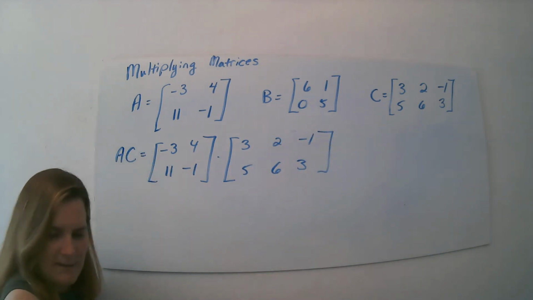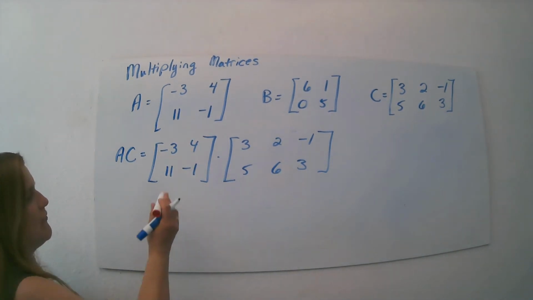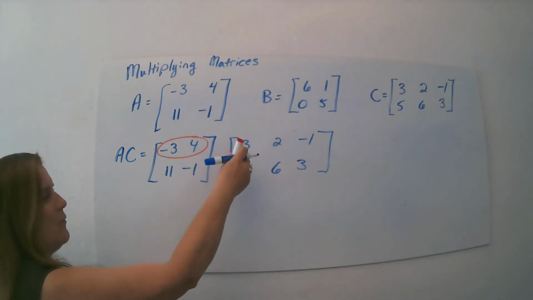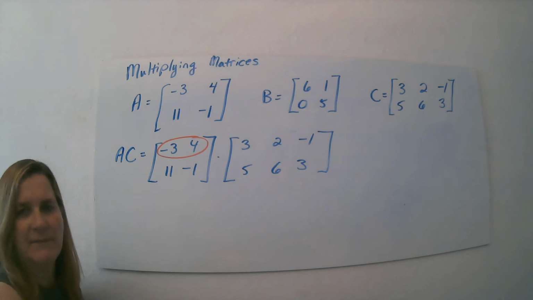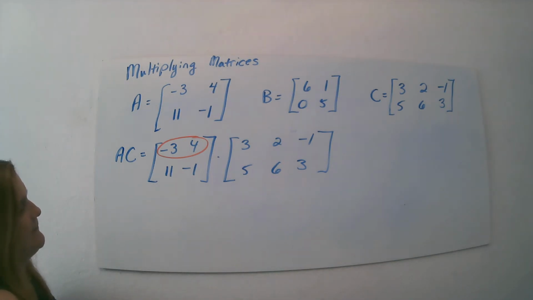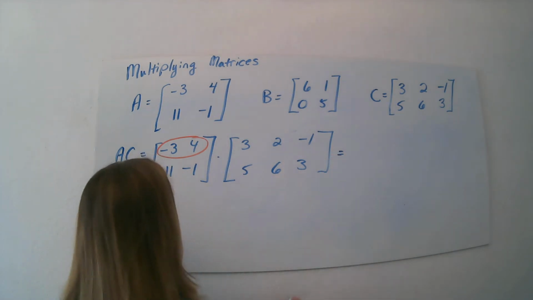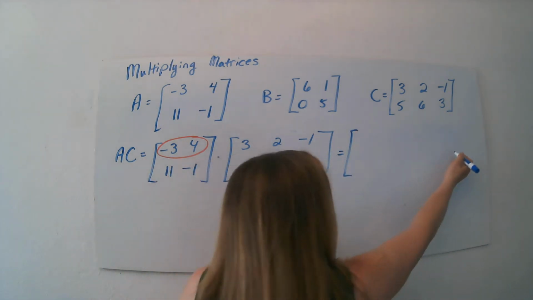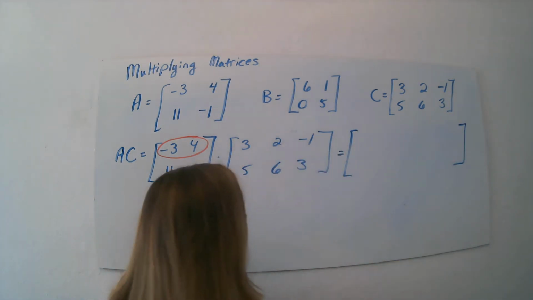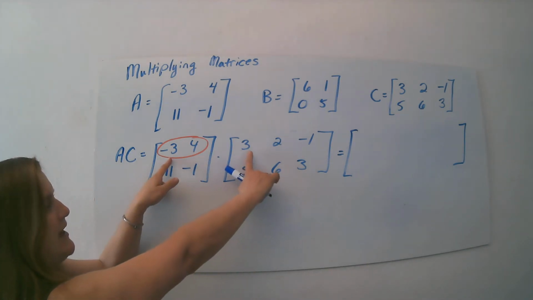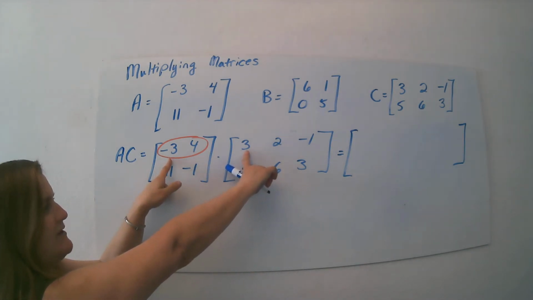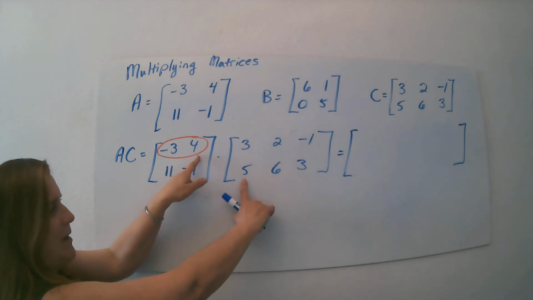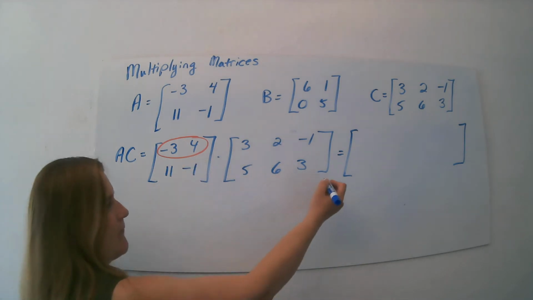And let's start with our first row right here, and we'll move through the columns of matrix C. So here we go. Let me put my brackets up here. We have -3 times 3, so we have -9 plus 20.